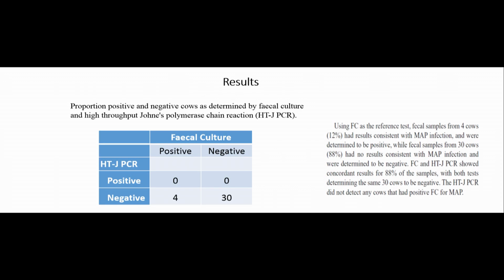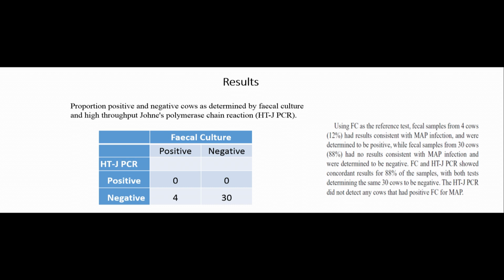And that's described in these two equations. And just to remind you, we're using the fecal culture as our reference standard. This is just looking at the HTJ PCR results against the fecal culture.